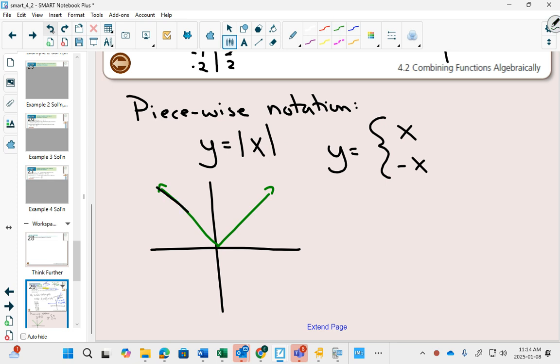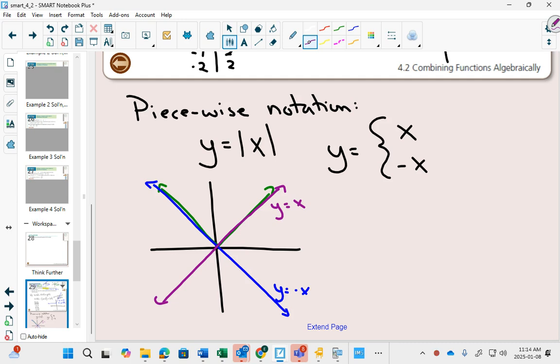This in blue is my negative x graph. And this in purple is my x graph. Can you see that the green graph starts off being the blue graph and then it switches to be the purple graph?